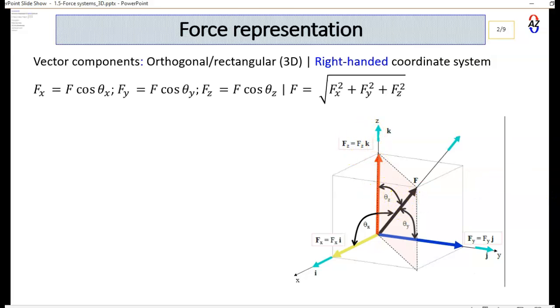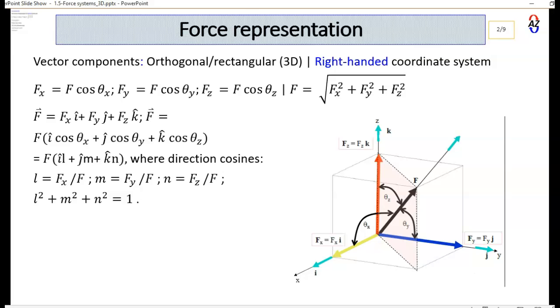So we can say that Fx is F cos theta x, Fy is F cos theta y, and Fz is F cos theta z. If we want to get the magnitude of F, then it is obviously the Pythagoras of these scalars: the square root of Fx squared plus Fy squared plus Fz squared. Now we can also write F as a vector as follows.